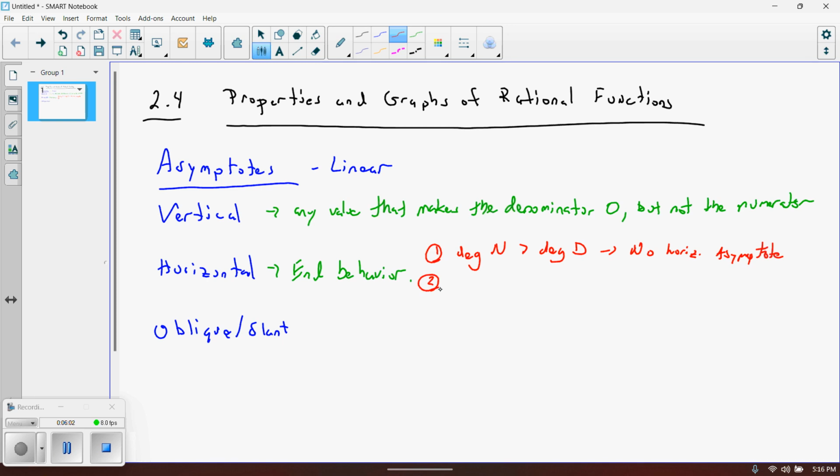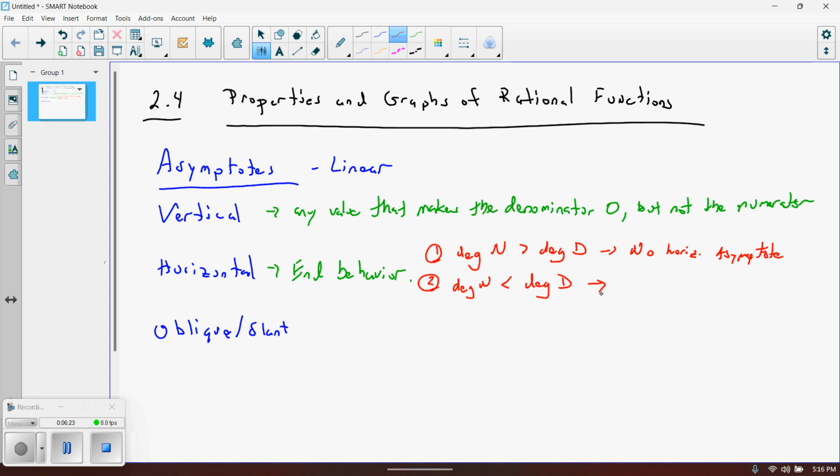2, we could flip those. We can say that the degree of the numerator is less than the degree of the denominator. If the degree of the numerator is less than the degree of the denominator, meaning that the degree of the denominator is bigger, that means you have a bigger bottom to your fraction.